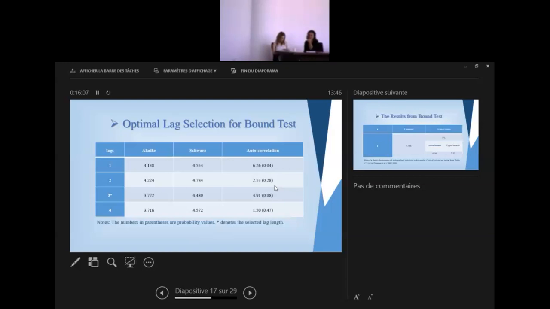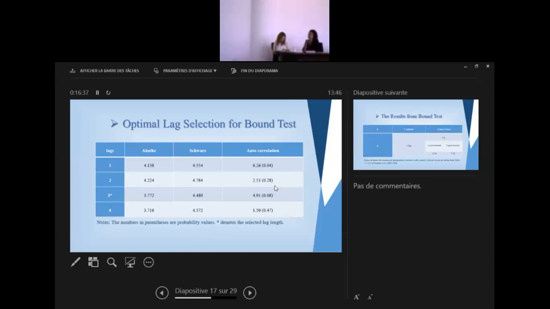How, when can we say the AIC does not have the autocorrelation problem? It is when the probability in the parentheses is greater than 0.05. So in my study, the minimum AIC is 3.76, the last one, and the minimum Schwarz is 4.480.